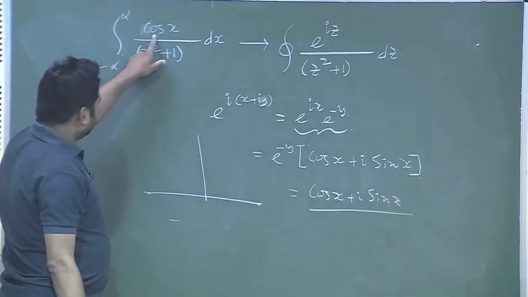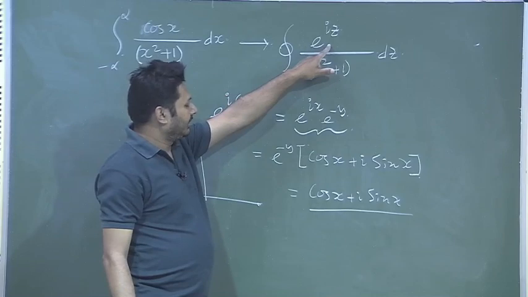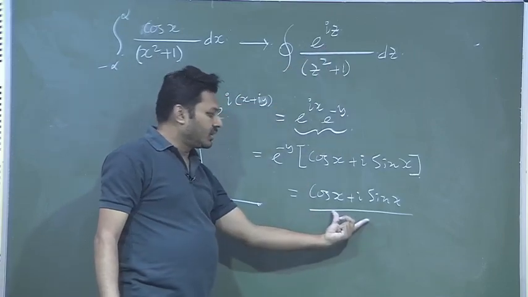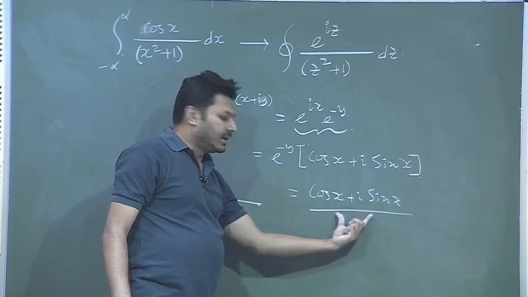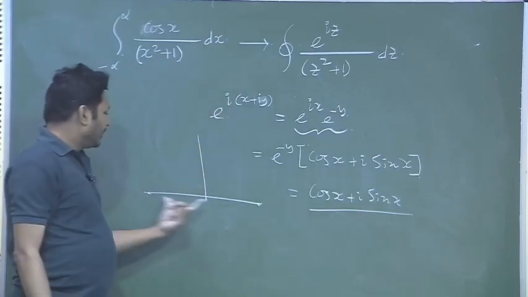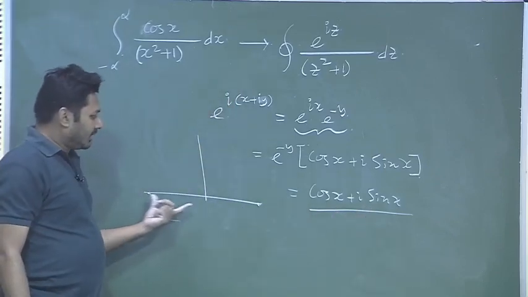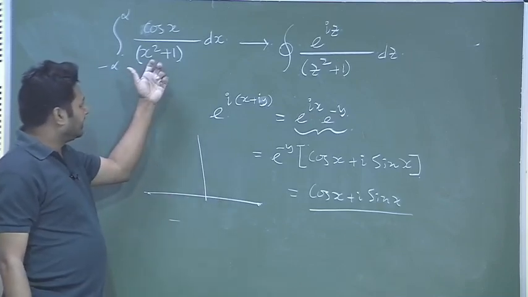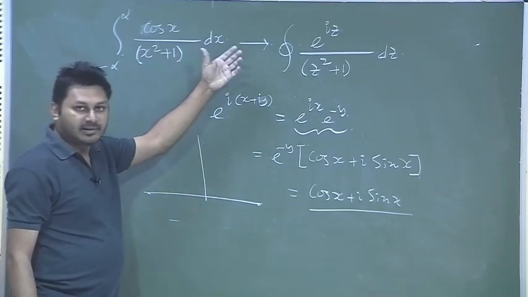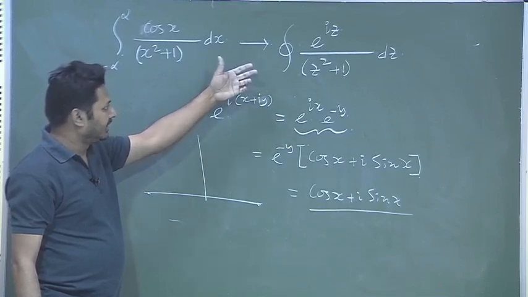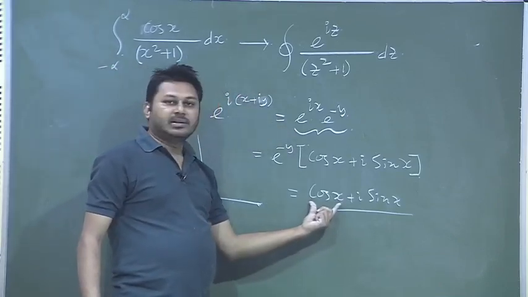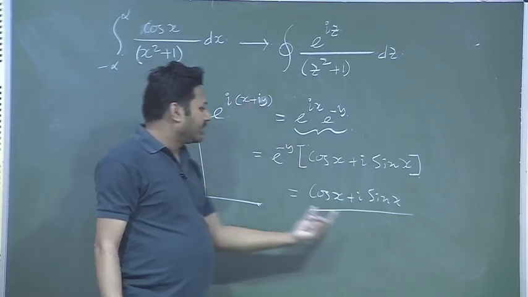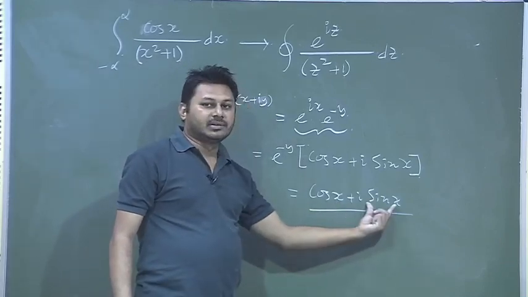So, if I write it this way, I should eventually have this expression when I am evaluating it over the real axis. Now, if I have a result which has a real and a complex part, and I deal with only the real part, then the result will come for cos x. If we deal with the complex part, the result will come for sin x.